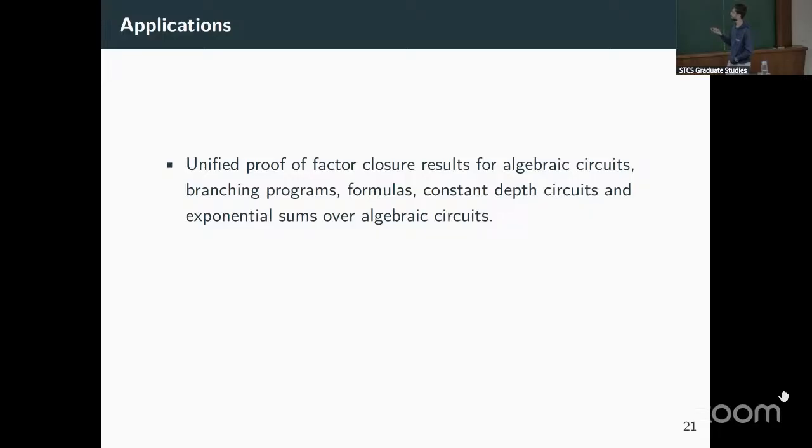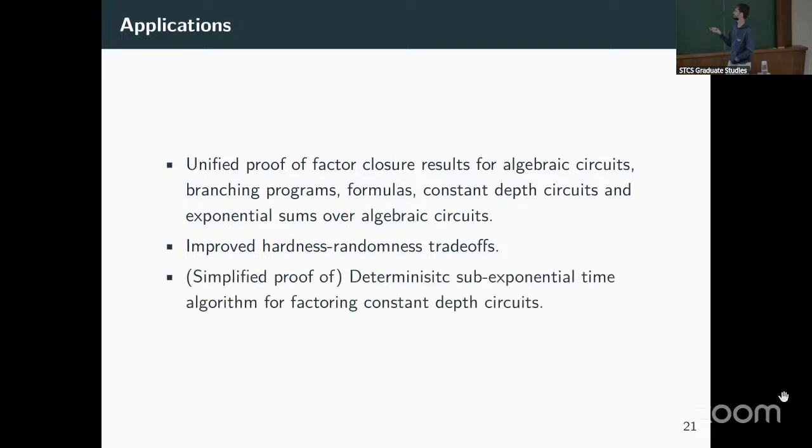There are some other applications, but maybe I will not mention them. It gives improved algebraic hardness randomness trade-offs. And it also gives a simplified proof for getting a deterministic algorithm for factoring constant depth circuits, which Varun will talk more about.